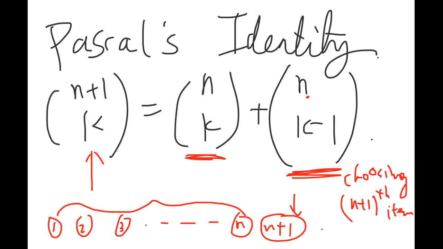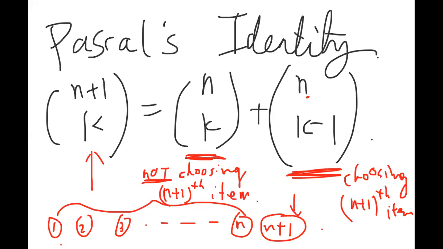That means you choose all k items from the previous n items, because you didn't pick the last one. This is not choosing the n plus 1 item.